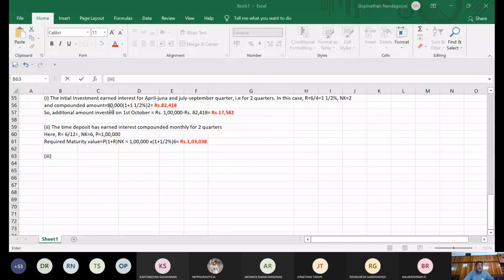The third question says, how much total interest was earned?